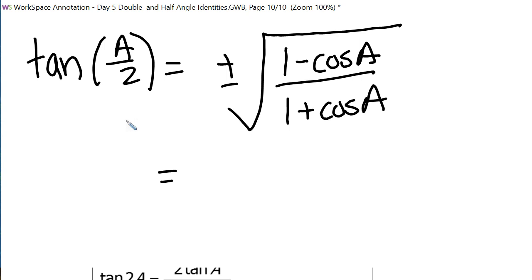Which quadrant do we say A over 2 is located? Quadrant 2, so in quadrant 2, would tangent be positive or negative? Negative.